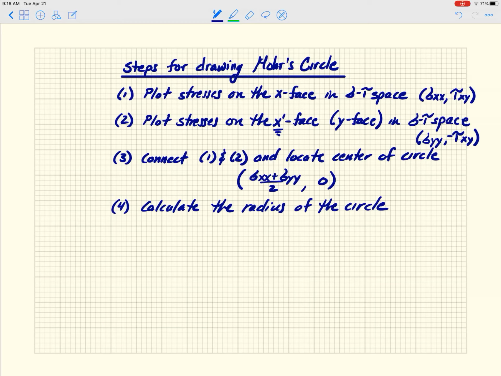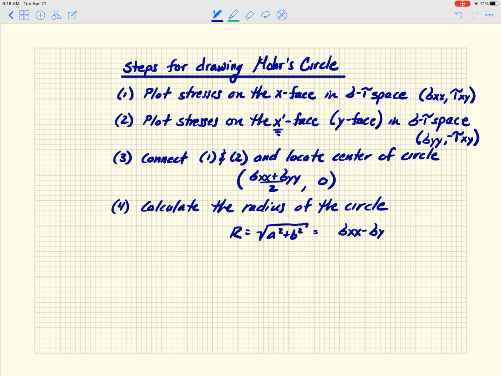The fourth is to calculate the radius of the circle. So I'll say the radius equals a squared plus b squared, square root. Old Pythagorean theorem.